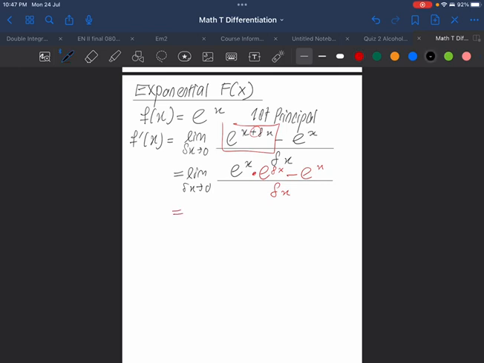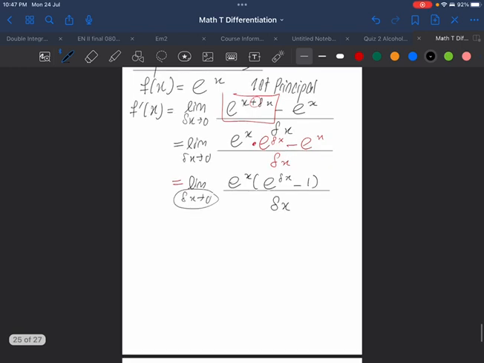So now let's move on. As Δx approaches 0, we can factorize out the e^x, and here is (e^Δx minus 1) over Δx. Now when Δx approaches zero, from theory, (e^Δx minus 1) over Δx is equivalent to 1.